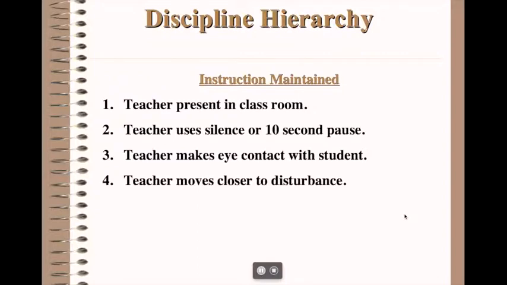If you wanted to combine all three of these in one gesture, as kids talking, you not only pause, but you look at them and you move towards the disturbance. Typically, in this case, you could continue to talk and just move towards the kid that's talking or passing a note or whatever the misbehavior is, and it's going to tell him, once you get close, that I'm going to stop what I'm doing.